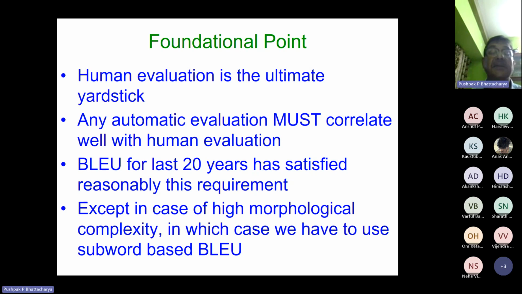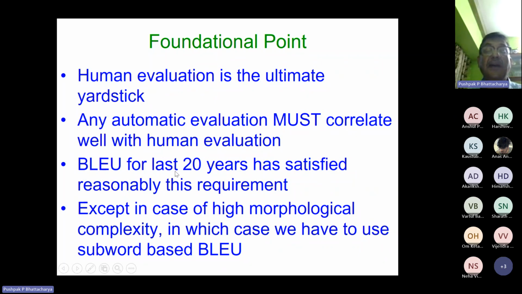But BLEU has stood the test of time in spite of all kinds of criticisms. People have said that for morphologically rich languages, BLEU is not good. We also have a paper called Blue for Blue. That means the cause of concern for BLEU, where we have criticized BLEU, saying that for morphologically rich languages, BLEU is not good. But then what happened was that for morphologically rich languages, subword BLEU is used.